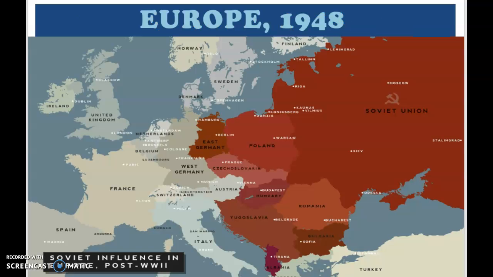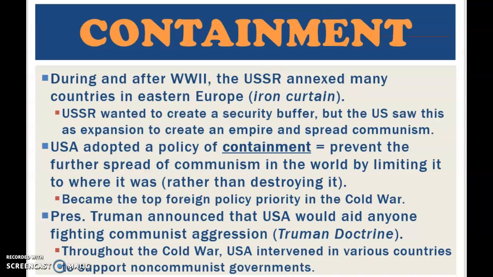And so we really start to see this here in the years following World War II, right? The Soviet Union starts to kind of come in and occupy and annex a lot of these countries here in Eastern Europe, and we start to get a little bit concerned, right? So during and after the war, the Soviet Union annexed many countries in Eastern Europe.